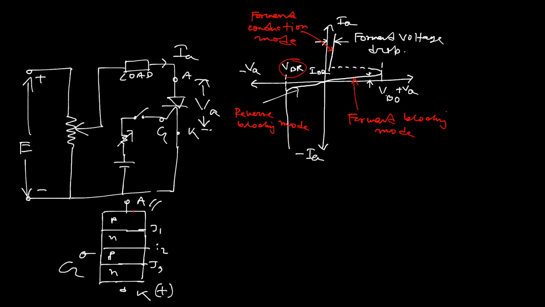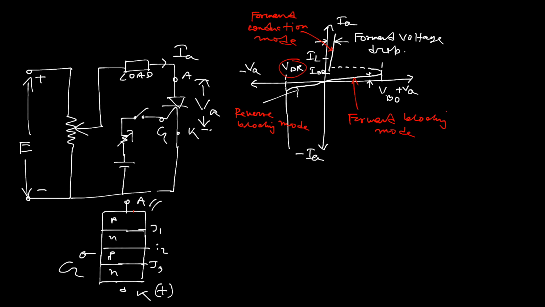If we can hold this voltage for some time, then the anode current will reach a particular value which is defined by IL, or the latching current, and then we can say the thyristor is perfectly in the on state. That is why we can say the device is now under latching condition.